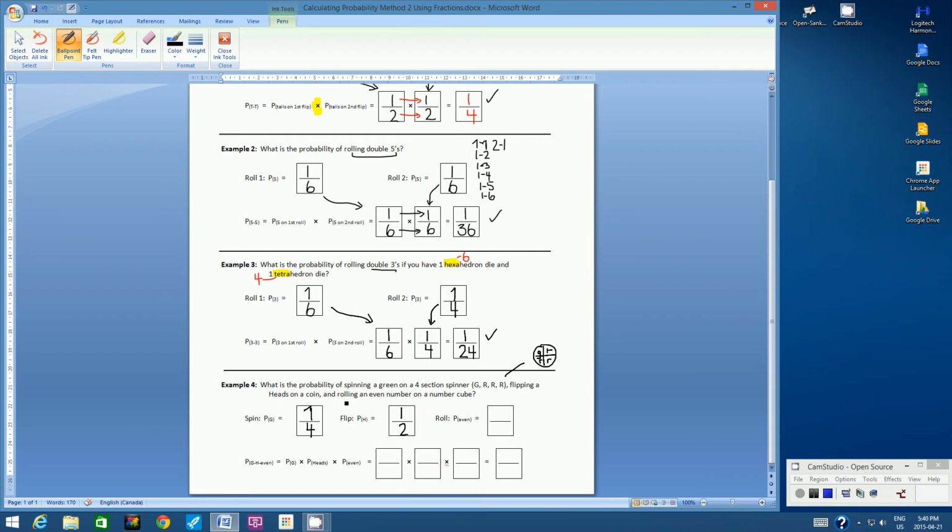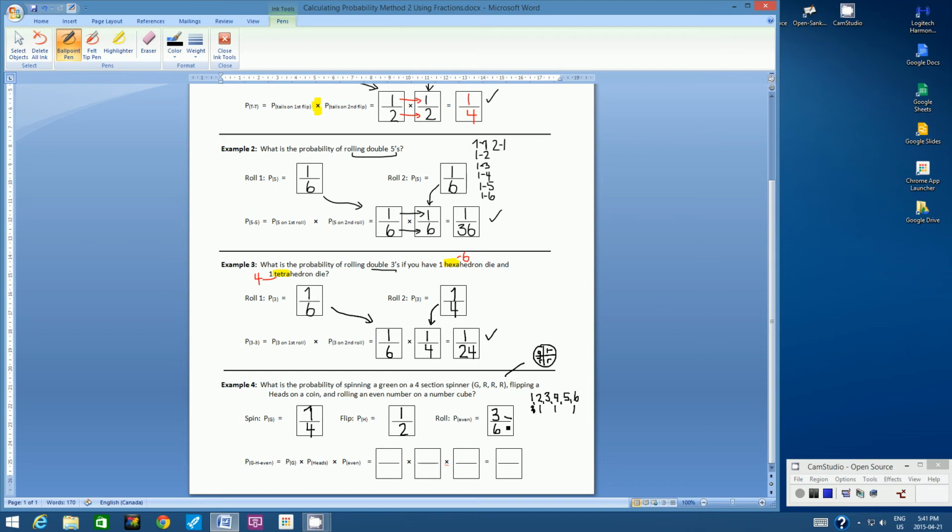Now let's go to the third event, rolling an even number on a number cube. Remember, a number cube has the numbers 1 to 6. So how many of these are even? Sorry, not the 1, the 2, 4, 6. So we have 3 favorable events over 6 possible events.